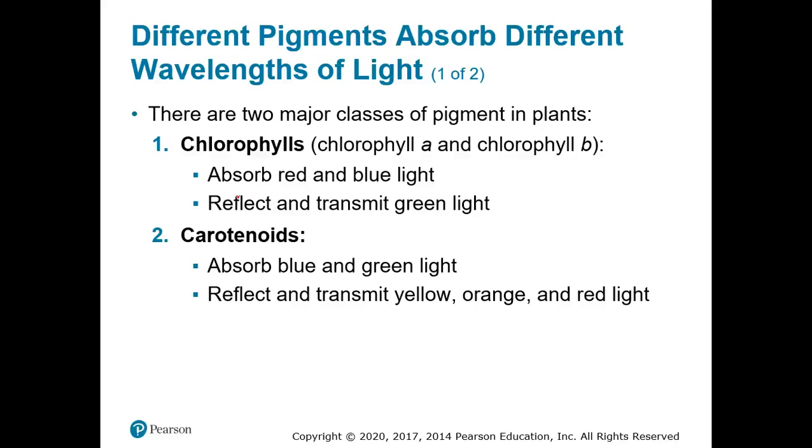We are seeing that green wavelength that's being bounced back and hitting the light receptors in our eyeballs. Now, our second major type of pigment is carotenoids. These are going to absorb blue and green light, and they will reflect or transmit yellow, orange, and red.